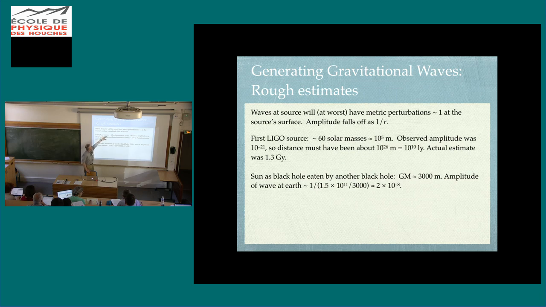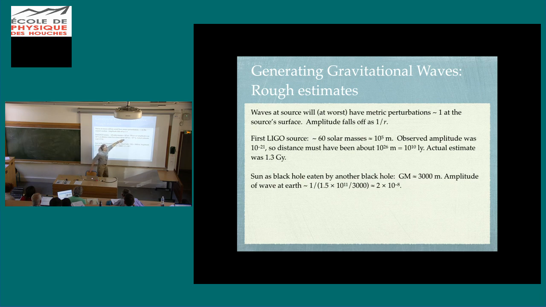So take that first LIGO source, total of 60 solar masses, which in terms of GM is about 100,000 meters. And the observed amplitude of the wave was 10 to the minus 21 at our location.